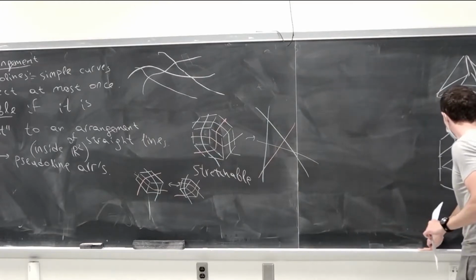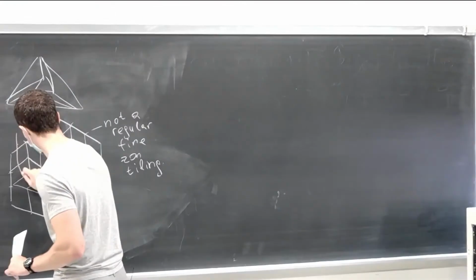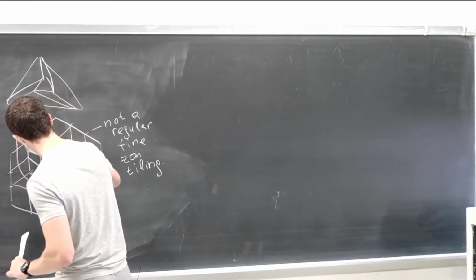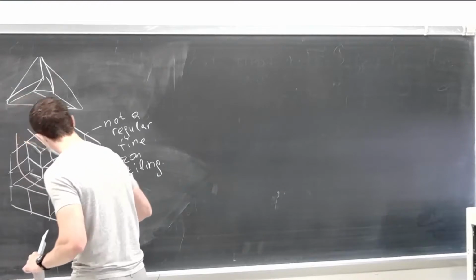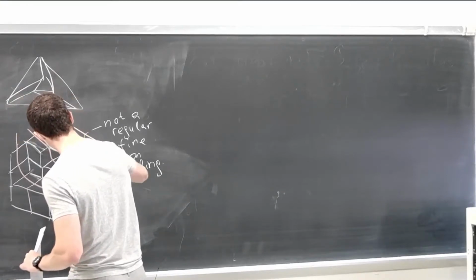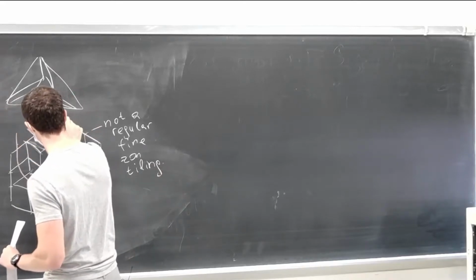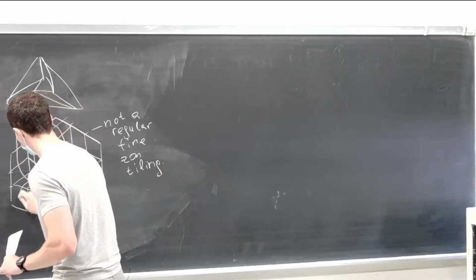So now let me go back to this picture, and this is going to be hard. Let's say I look at this picture and I draw the pseudoline arrangement. Maybe all of these are red. You can also try that at home.